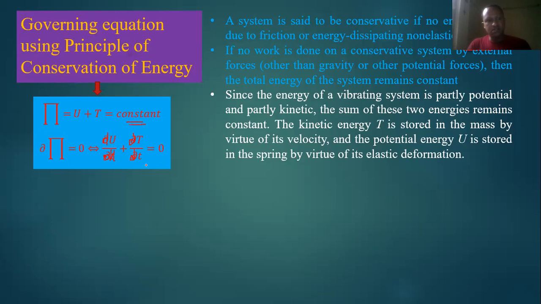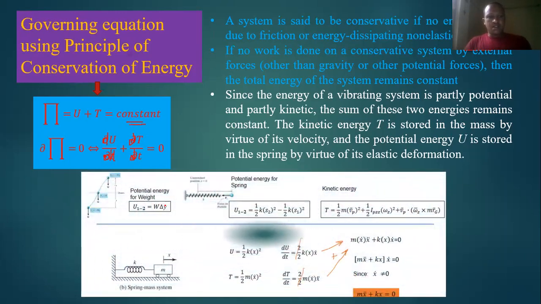This is the principle. For example, for this linear spring mass system, the potential energy is half kx squared and the kinetic energy is half m v squared. The derivative of U with respect to time gives kx times x dot, and the derivative of T is equal to m x dot x double dot.